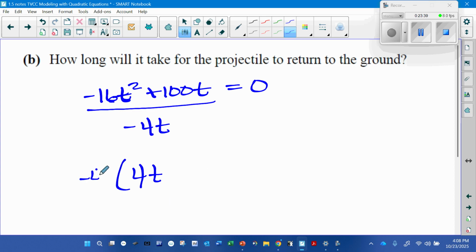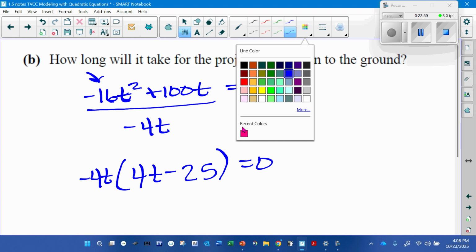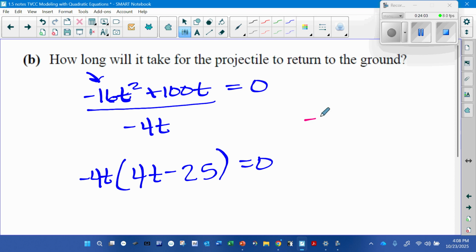So we've got -4t times 4t, which gives me -16t squared. Now 100 divided by -4 is -25, and t divided by t is nothing because it only goes in one time. So now I've got two pieces, just like we did a while ago. I have -4t equals 0. So if I divide by -4, I get that t is 0.